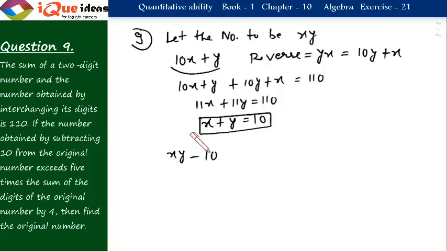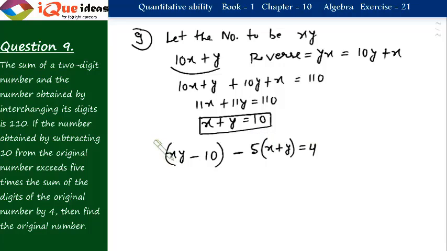So subtracting 10, this number exceeds 5 times the sum of digits of the original number, which is 5 times x plus y, by 4. Now exceeds means the difference. So first part, that is xy minus 10 minus 5 times x plus y, is equal to 4.